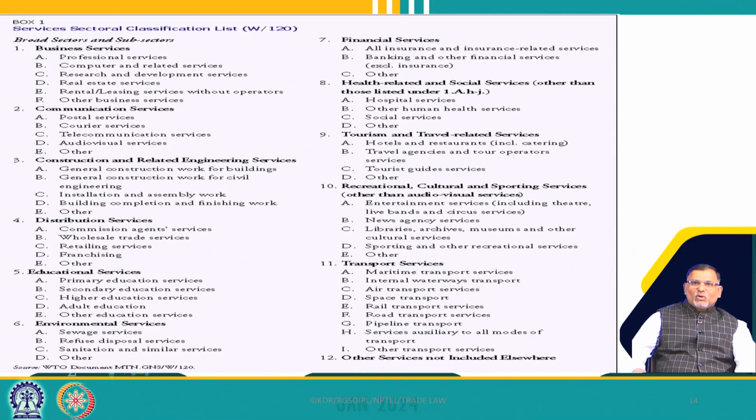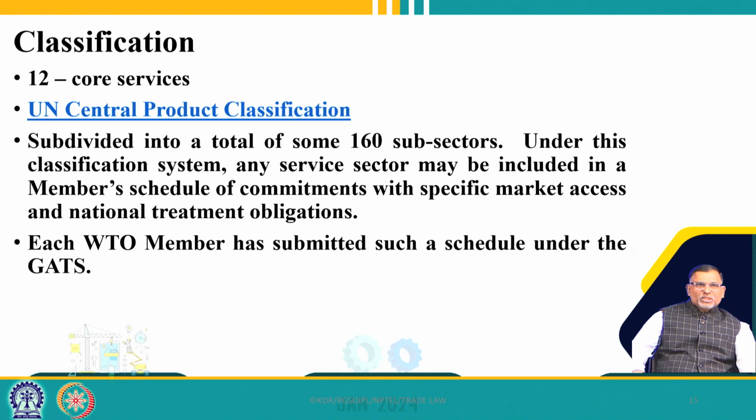Transport services include maritime services, internal waterways, air transport and space transport, and then rail transport, road transport, pipeline transport, and services auxiliary to all of the above. So, it means that transport services are also opened up, but we can see here that air transport is absolutely controlled by individual countries through bilateral negotiations.